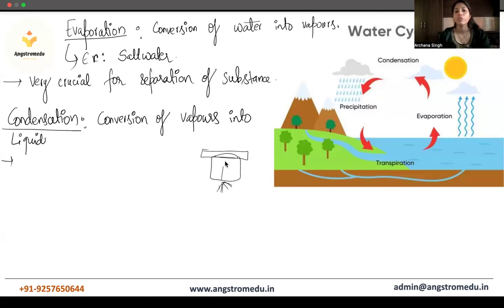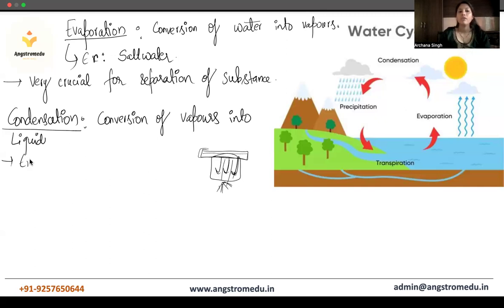Whatever vapors settle on this lid will cool down after some time, and after cooling down, they will fall back into your container. Did you understand what I said? After you raise the temperature of the liquid, it will go up and evaporate. But after some time, the temperature will decrease, and as the temperature decreases, they will come back in the form of liquid.